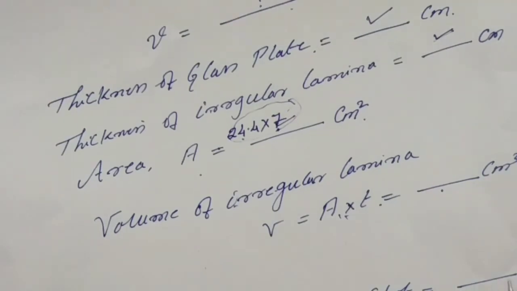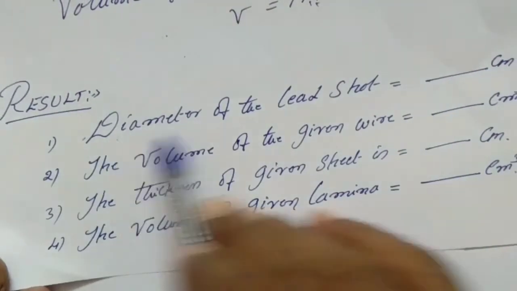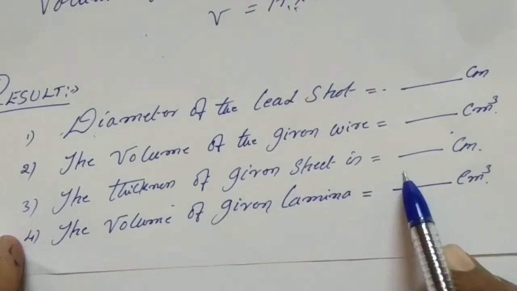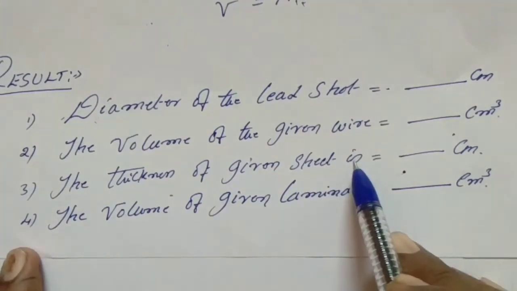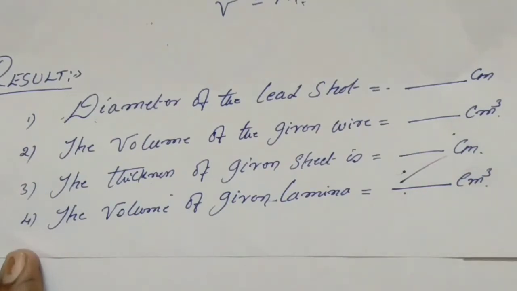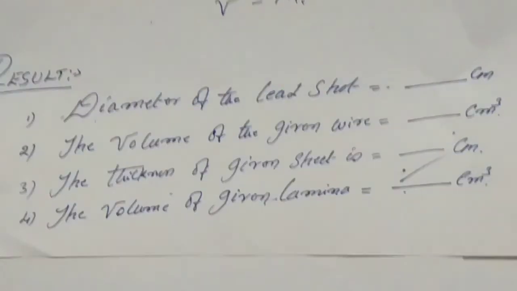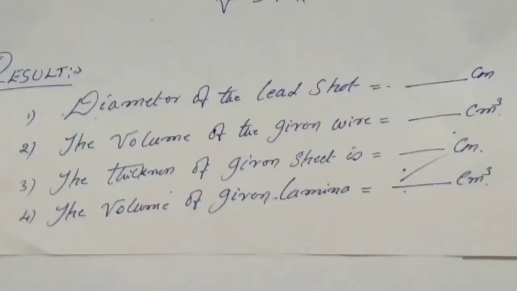After finding all these things, please write the results: diameter of the lead shot, volume of the given wire, thickness of the given sheet, and the volume of the lamina. So this is all the experiment. Please do this experiment, write and calculate. Thank you for watching the video. Thank you very much.